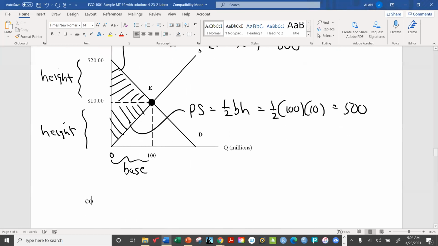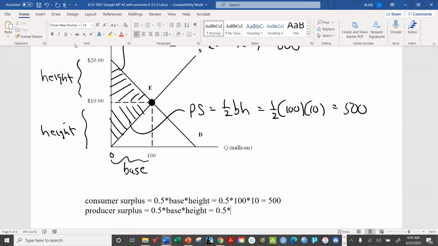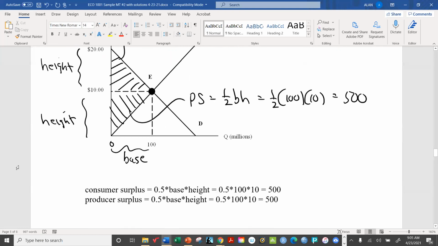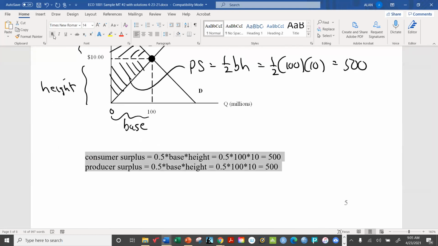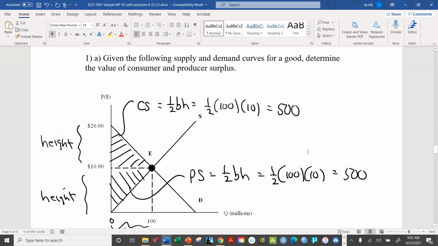For example, consumer surplus equals half of the base times the height equals 0.5 times 100 times 10 equals 500. And the same thing can be said for producer surplus.